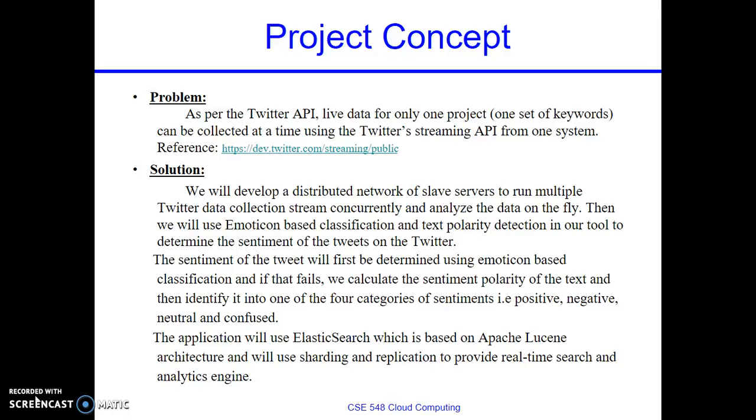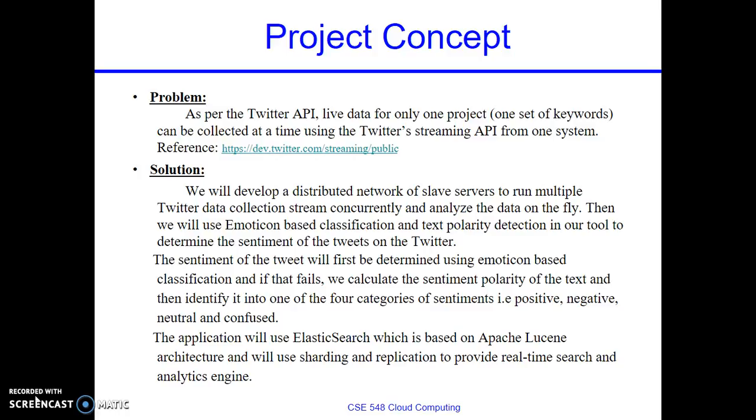In order to overcome this problem, we came up with the solution of having a distributed network of a set of slave servers with identical streaming servers, where each can be connected to Twitter and the data can be collected in parallel from each slave server for a different set of keywords.